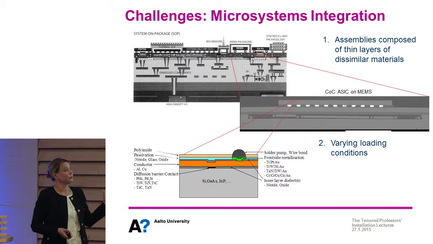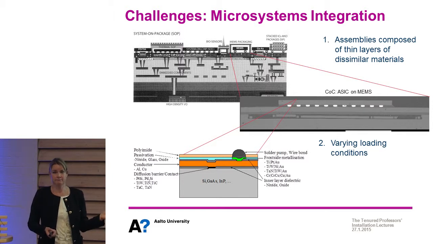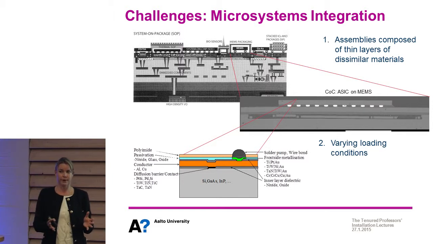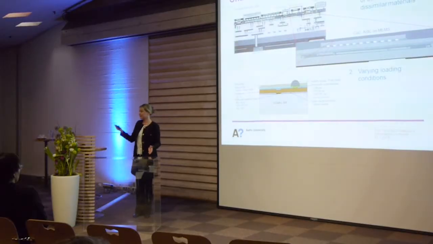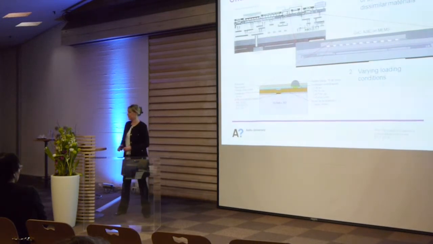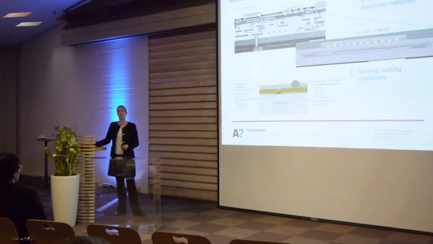And then we are typically carrying these kinds of devices around. We are not keeping them at a constant temperature in an isolated environment, but we carry them around, we drop them down. They will see high temperatures, they will see low temperatures, they will have moisture around. So the conditions are quite challenging.